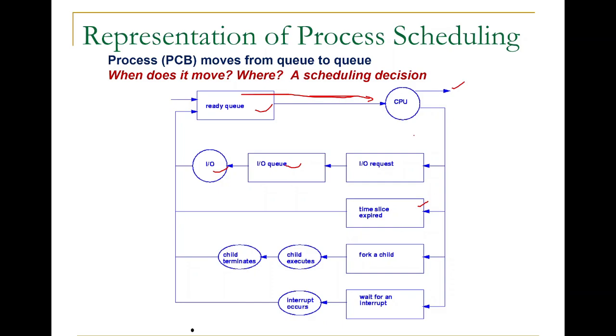Then the process, while it was executing, may suddenly require creating a child process, because that's what the code says. This is what we call forking a child, which means you create other processes. For example, you have one process creating 3 different processes.